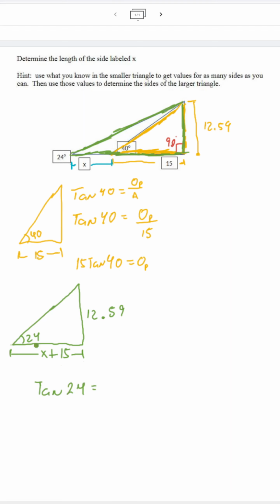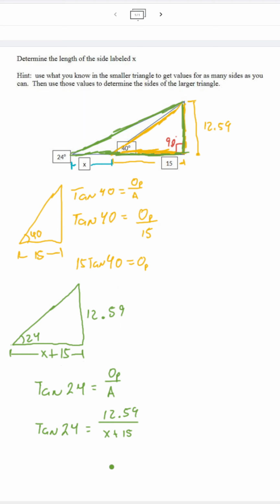And remember that the tangent is the opposite side over the adjacent side. So in this case, the adjacent side is going to be all of the x plus 15. So this is going to look like this. You're going to have tangent of 24 equals 12.59 over this side. So the adjacent side is x plus 15.